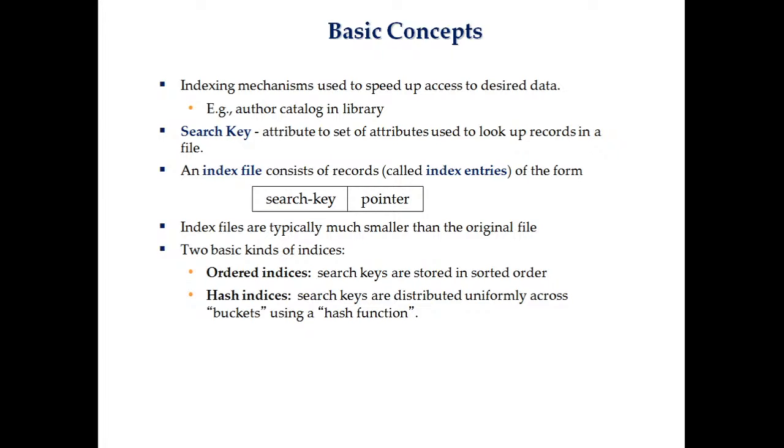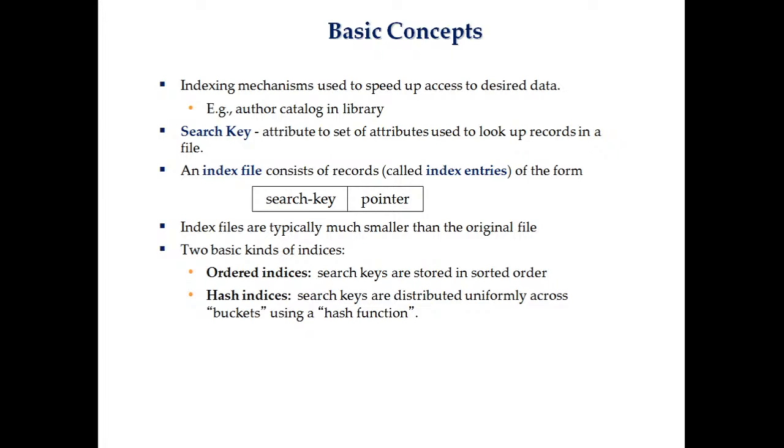So what is an index file? An index file is quite like a normal file. But instead of saving the records, the index file maintains 2 fields: first the search key and the related pointer. It means you are just maintaining a separate index or catalog for all your books. If you have a DBMS book, in the DBMS book there must be an index.